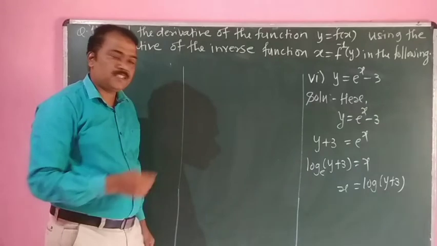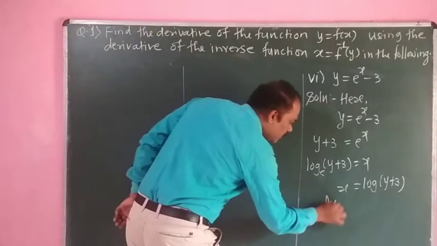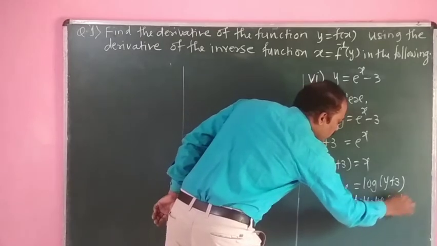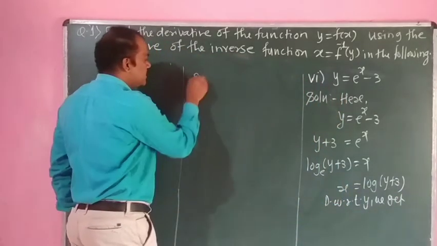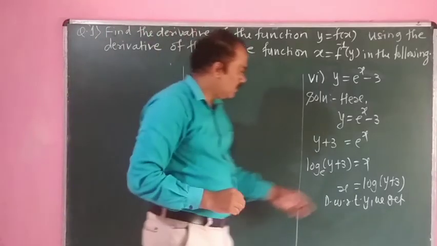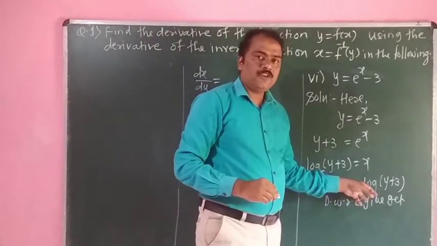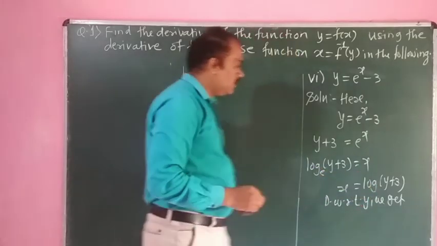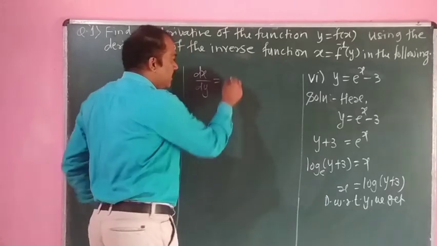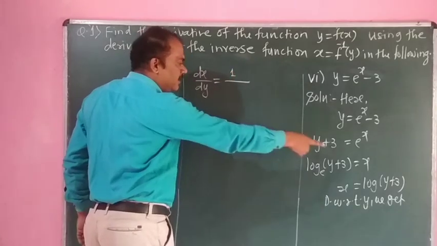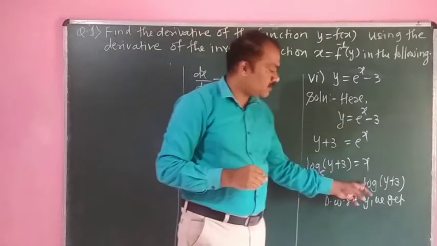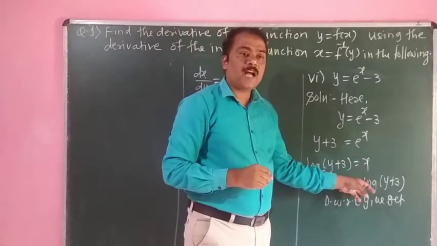Now we have to differentiate with respect to y. The differentiation of x is dx by dy, which is equal to the derivative of log. The derivative of log y is 1 upon y, but here instead of y we have y plus 3. First of all, we take the derivative of this log by using the derivative of the composite function.